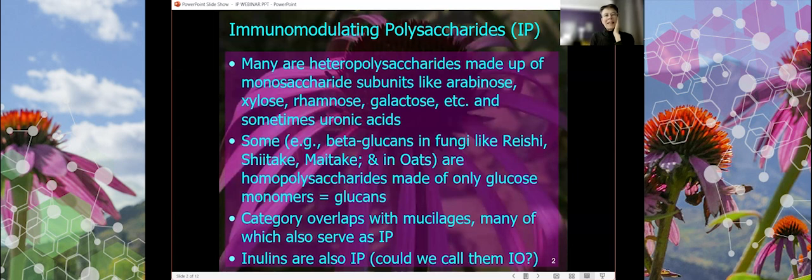Right? And interestingly, there are many, many different types of IP. But what they have in common is that they're polymers, big molecules made up of a bunch of small units linked together. A lot of them are what we call heteropolysaccharides. The hetero part means different, like variety.